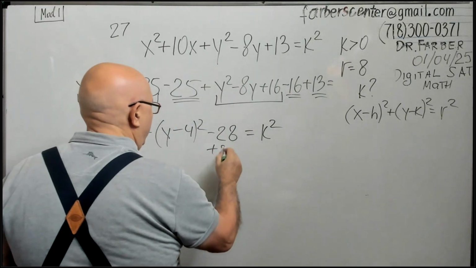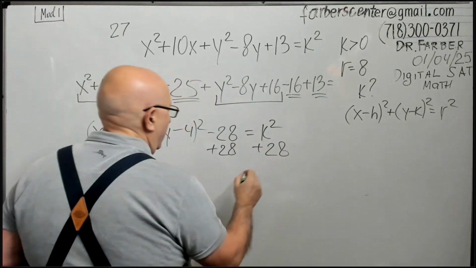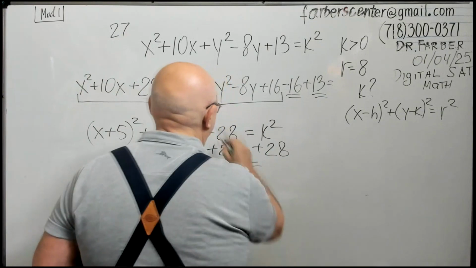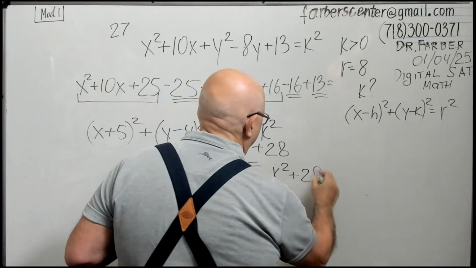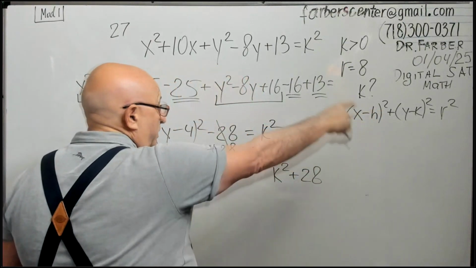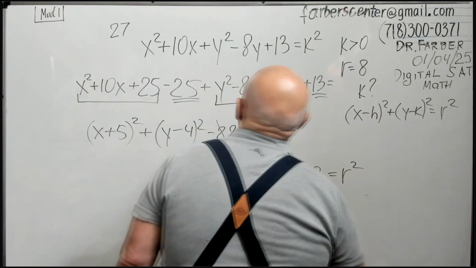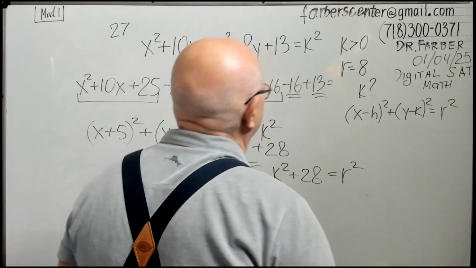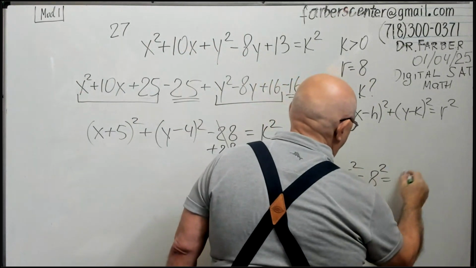So plus 28 and plus 28. And the right part would be what? k squared plus 28. But according to this formula, the right part is r squared, and r equals 8. 8 to the second, which is 64.